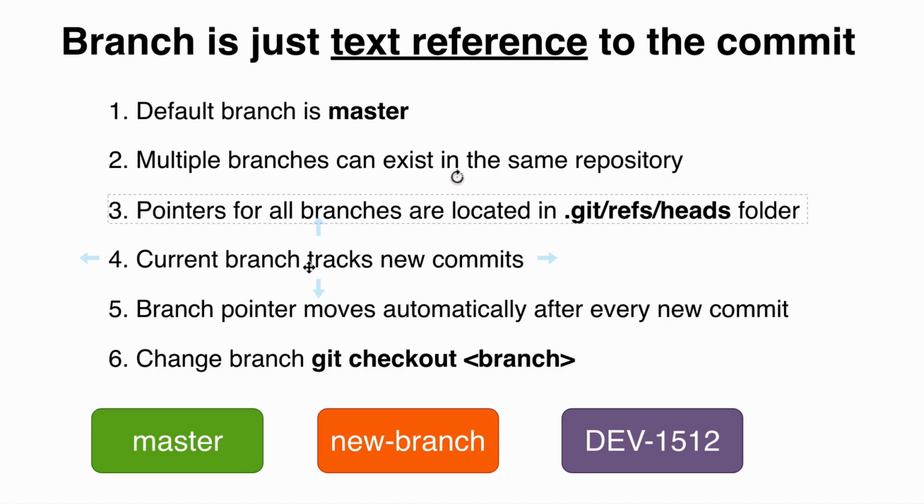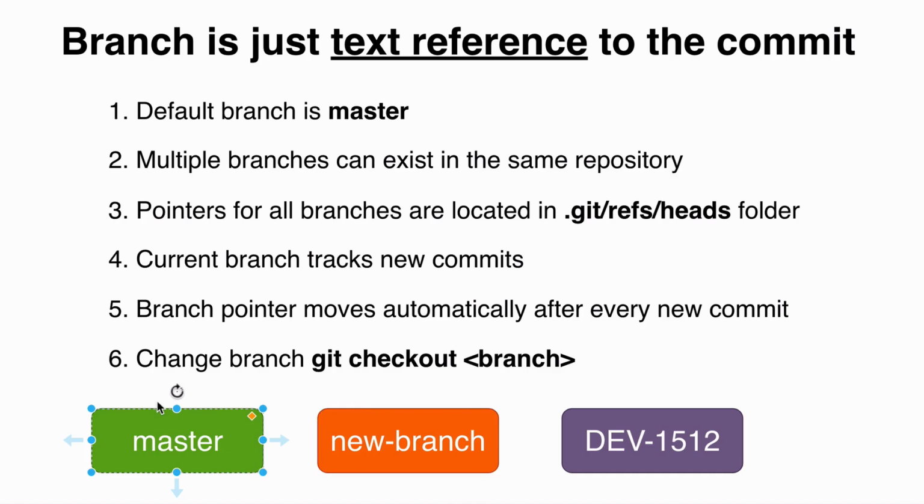Next, the current branch tracks new commits. What does it mean? For example, there are two branches, let's say master and new branch. The current branch is master, and for example, you have made several commits in this master branch. After that, you have switched to new branch and made 2 or 3 commits there. And after that, you switch back again to the master branch.